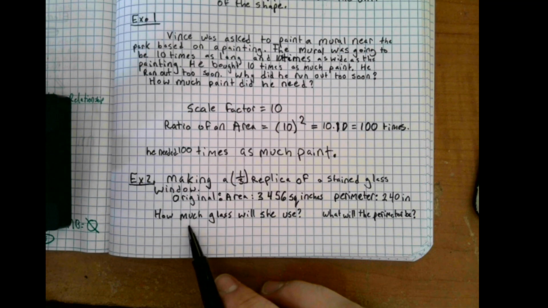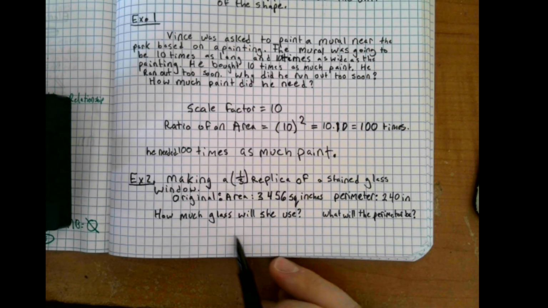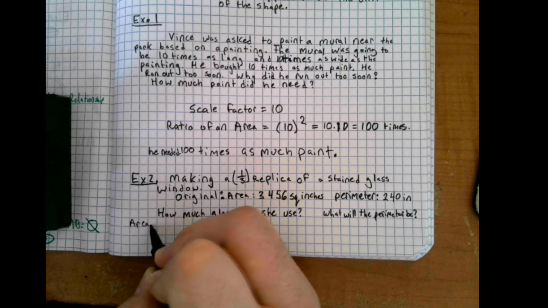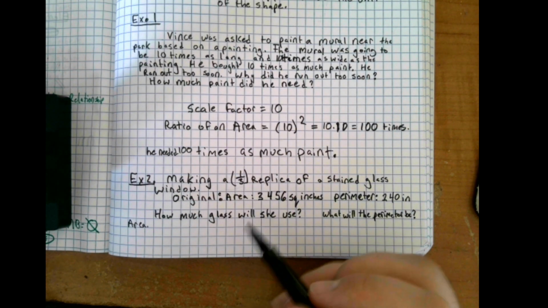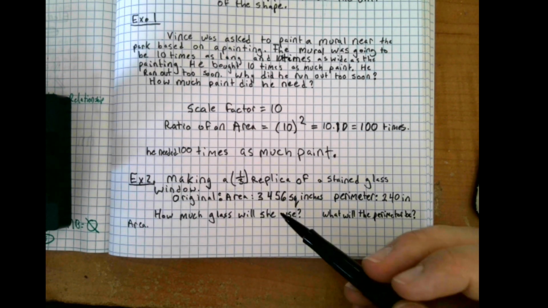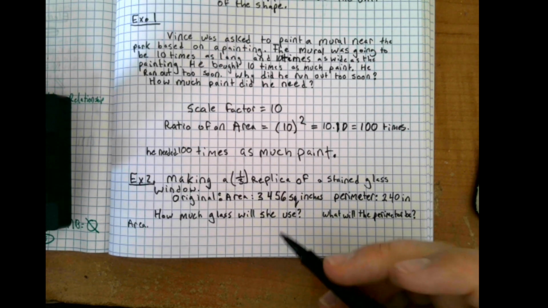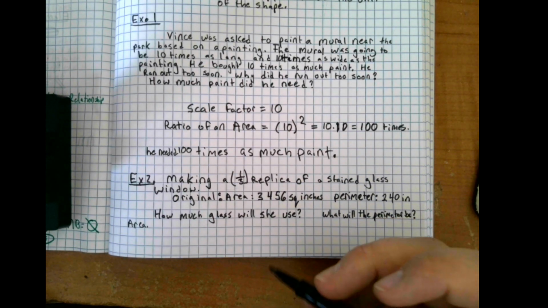Now, we need to know how much glass will she use and what will the perimeter be. Now, how much glass will she use is a question of area. So, we need to multiply the original by our scale factor squared. Because remember, the ratio of area is the scale factor squared. Because we use square units, we're using a squared scale factor.